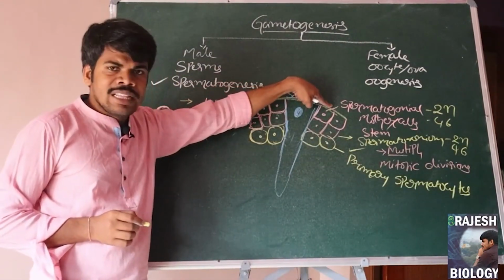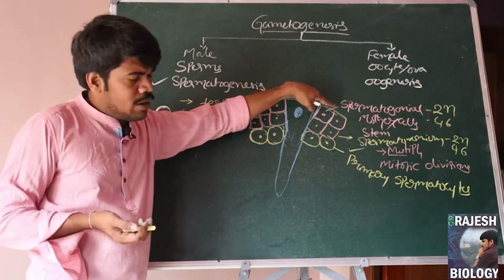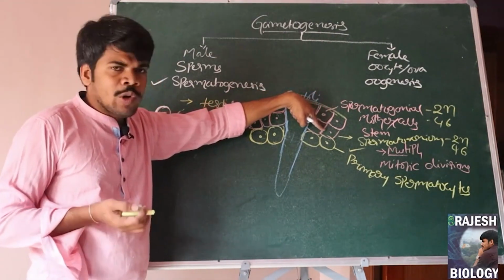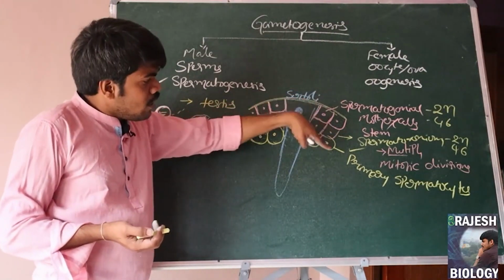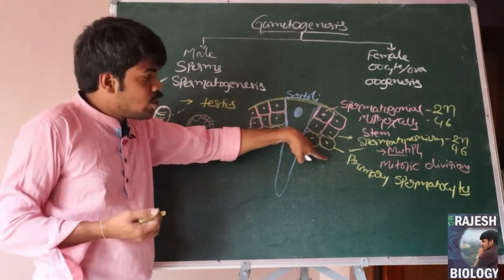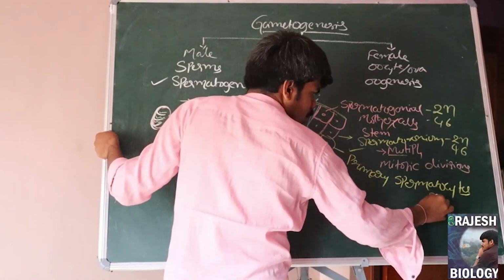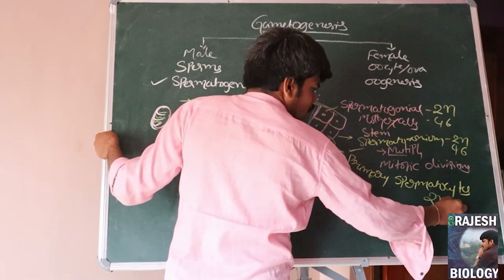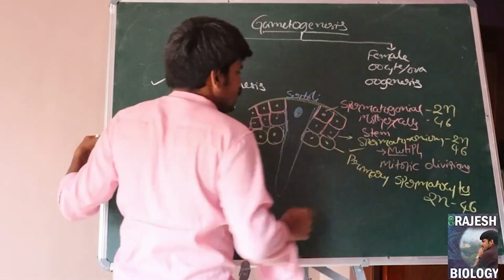Mother cells increase their number. 50% of the newly formed mother cells are considered as the spermatogonium, not the stem cells. That spermatogonium grows into primary spermatocytes, which are also diploid, with 46 chromosomes.